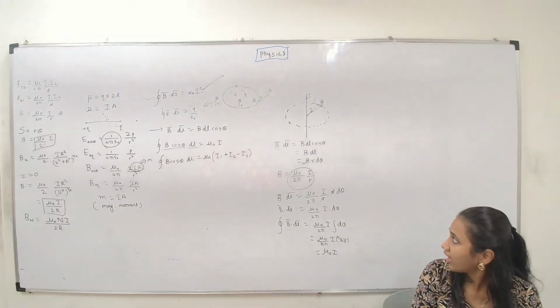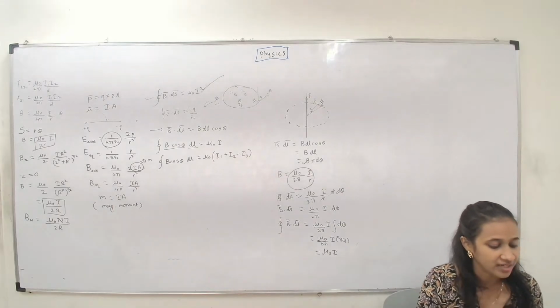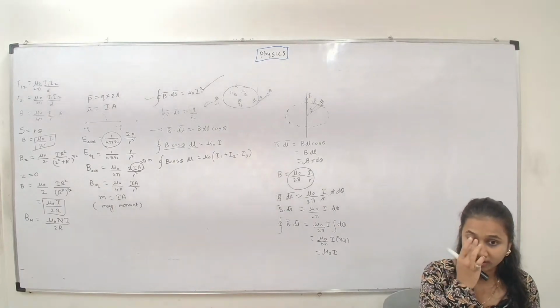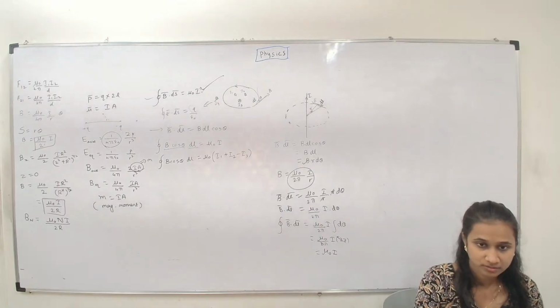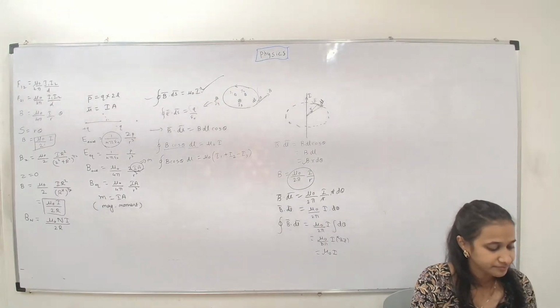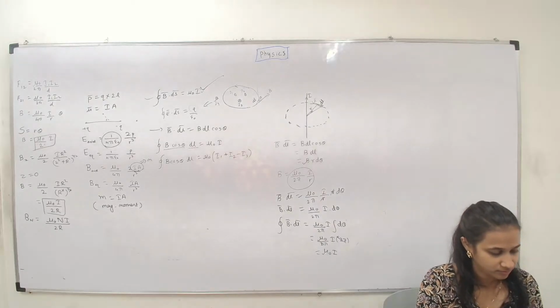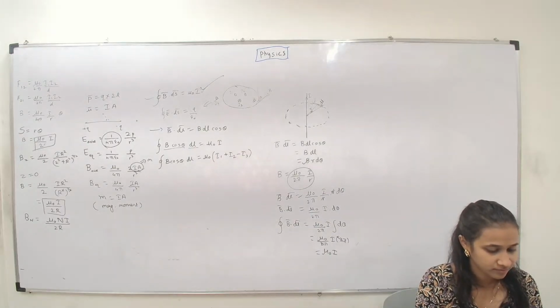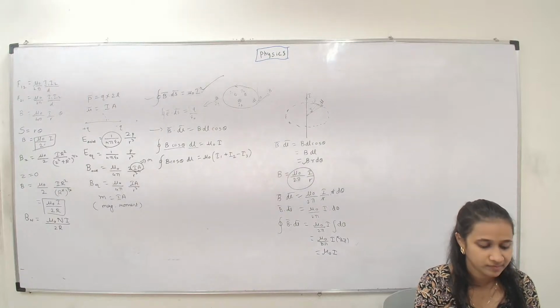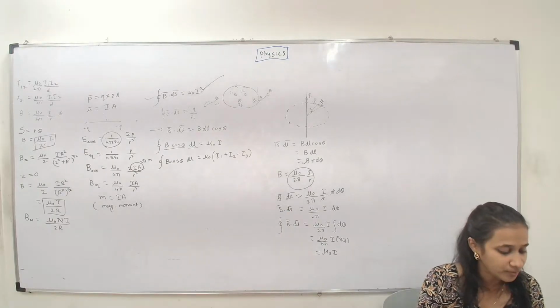Mu naught upon 2 pi I upon R, the magnetic field at a distance R from the wire, is usually given by Biot-Savart's law. Equation 10.31.